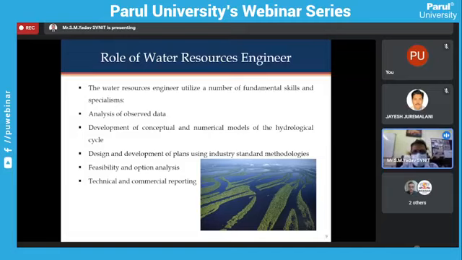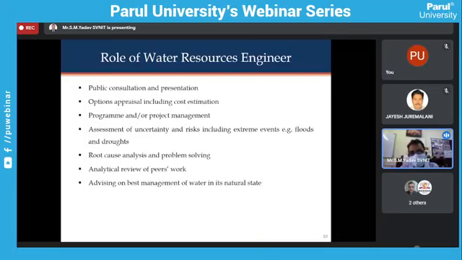development of plants using industry standard methodologies, feasibility and option analysis, technical and commercial reporting, public consultation and presentation, options appraisal including cost estimation, program or project management, assessment of uncertainty and risk including extreme events, for example floods and droughts, root cause analysis and problem solving, analytical review of peers' work, advising on best management of water in its natural state.